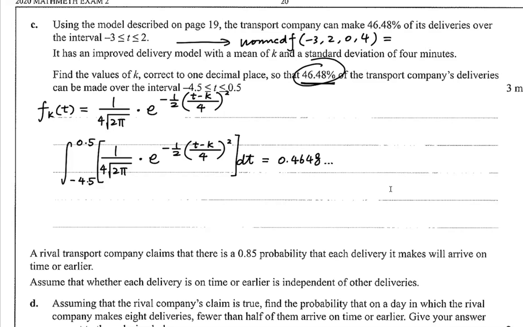In fact, this will give you 0.4648 35188, blah, blah, blah. Then you can solve on your CAS calculator.